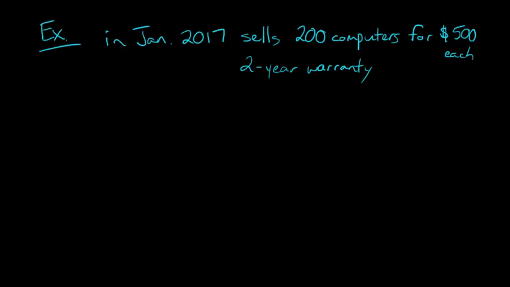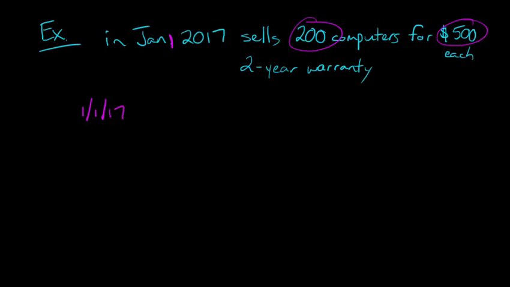So let's think, what's the journal entry for this? This should be easy review, right? We've got 200 computers at $500, so we're talking about $100,000. Let's say this is January 1st, and everyone paid cash.